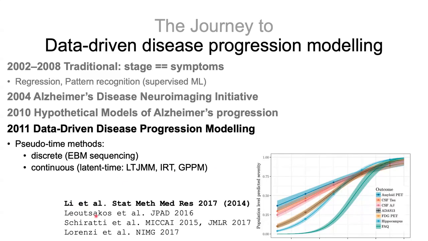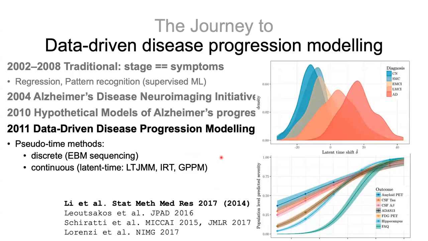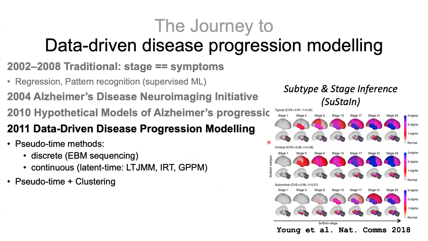Some item response theory models, and a more flexible trajectory version of the latent time joint mixed model called the Gaussian process progression model from Marco Lorenzi's lab over here in Europe. The staging system on a continuous time scale looks a little different, but same idea. Blue is towards the cognitively normal end of the Alzheimer's clinical spectrum, and red is towards the dementia end of the syndrome spectrum. We now have a nice continuous staging measure.